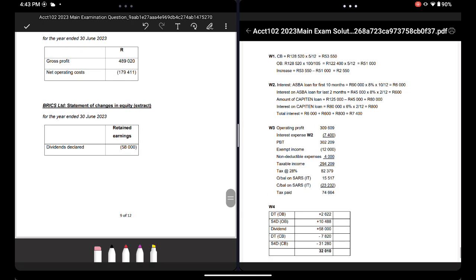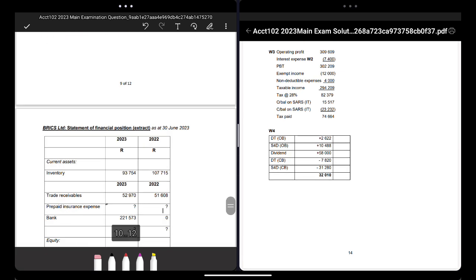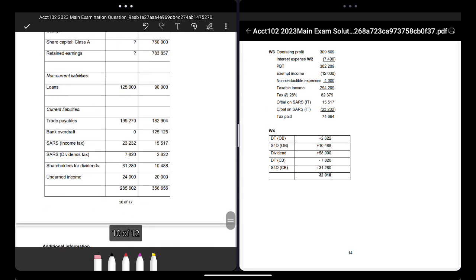So I'm just going to do the working. 58,000. Look at this: 2,622 plus 10,488 plus our dividends declared, which was 58,000 that I showed you, minus 7,820 minus 31,308 will give you that figure.